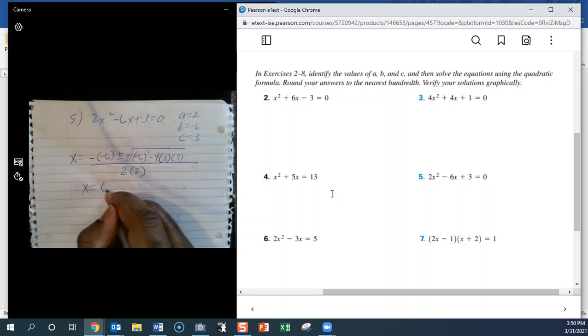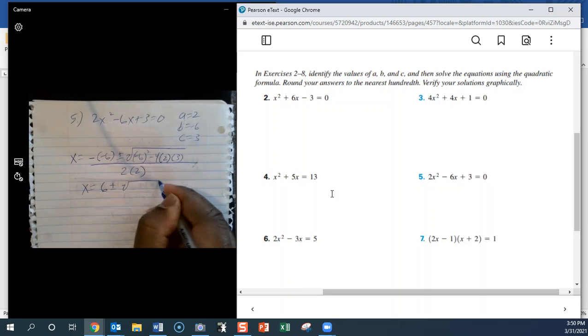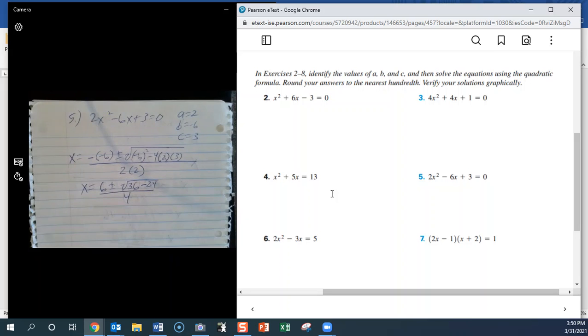So now we will have 6 plus or minus the square root of 36, 4 times 2 is 8, times 3 is 24, so minus 24, all over 4. So we have x is equal to 6 plus or minus the square root of 36 minus 24, which is 12, all over 4.